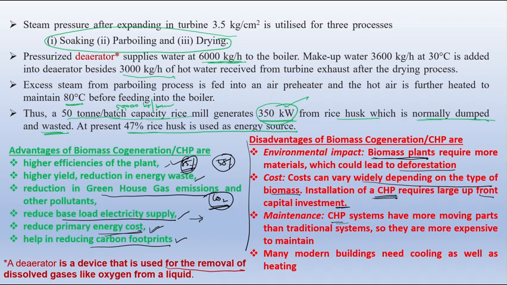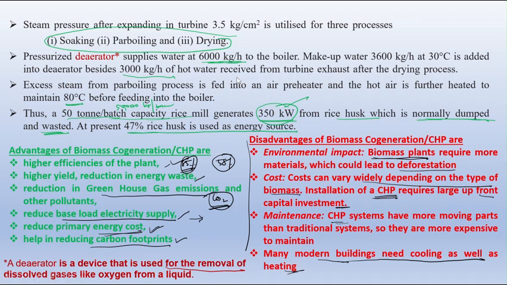That's why higher maintenance is required, and many more modern buildings are needed for cooling as well as heating. The waste treatment plants and air preheating assemblies require additional area and additional plants, which also increases the cost of the plant. So this is about the drawbacks of cogeneration plants.